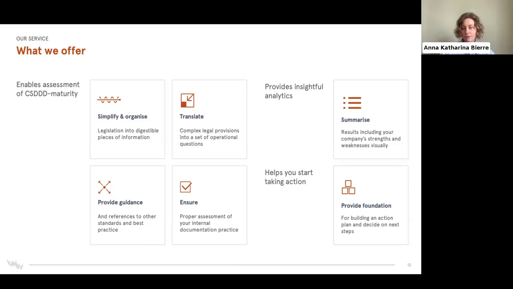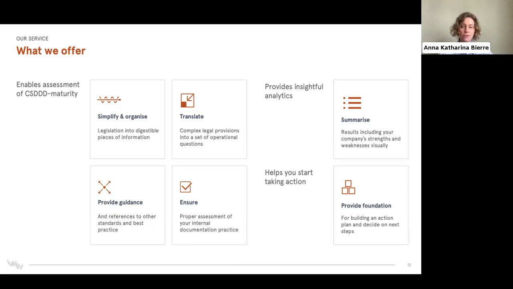We also often realize that there are some shortcomings to the legal text. We actually had to add additional guidance based on both best practice, previous projects, and what we have worked with, but also referencing other standards and the international guidelines. So even though this tool mainly focused on CSDDD, we have built in additional guidance and references to other frameworks.